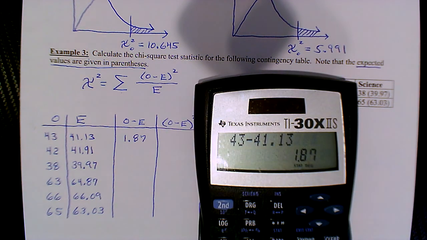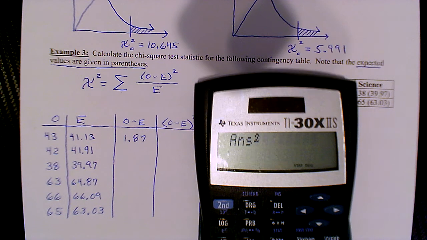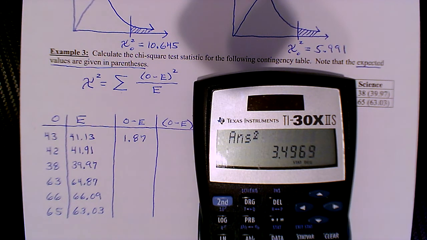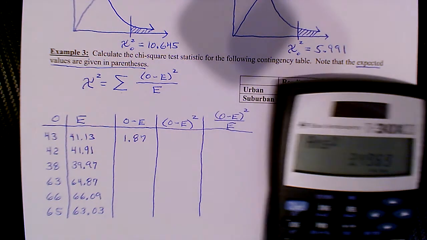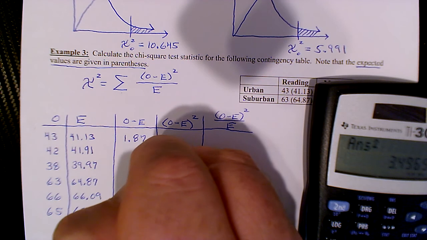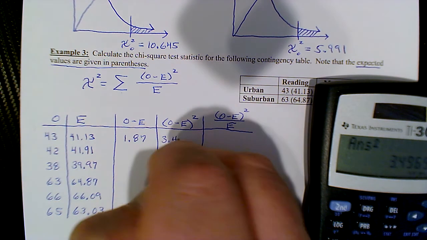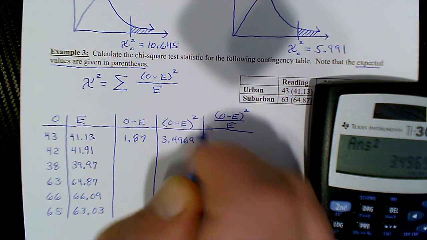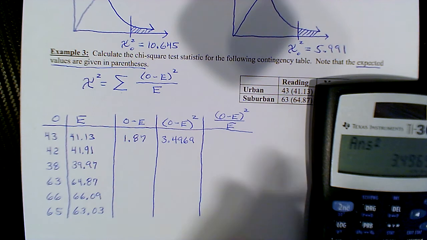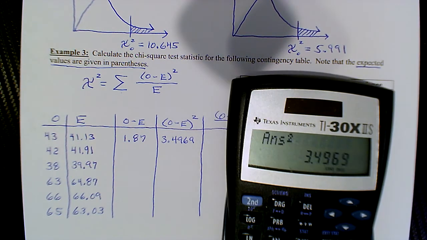Now, there's no need to clear that or anything. Just hit the x squared key, and then equals, and that's 3.4969. But there's really no need to write that down, because our goal is this last column, and that result's already on my calculator.